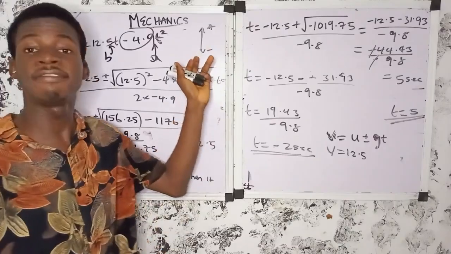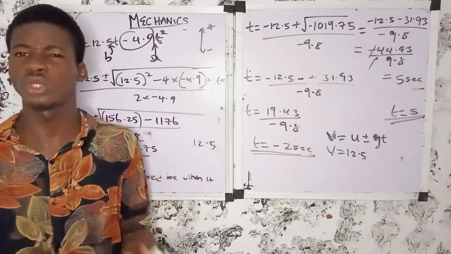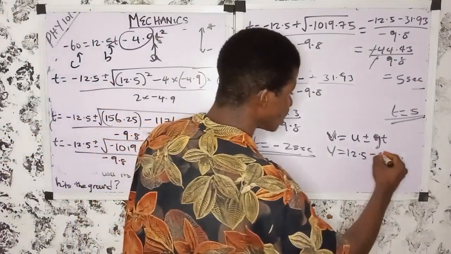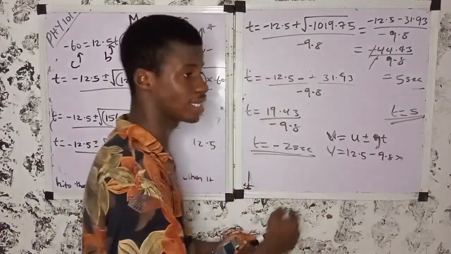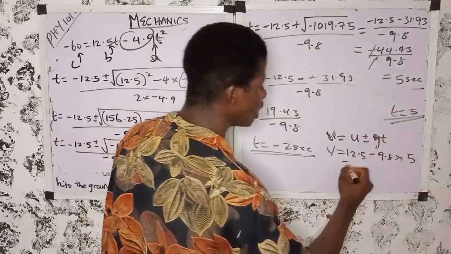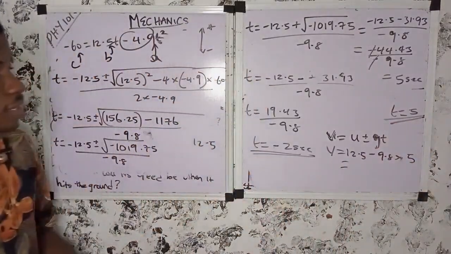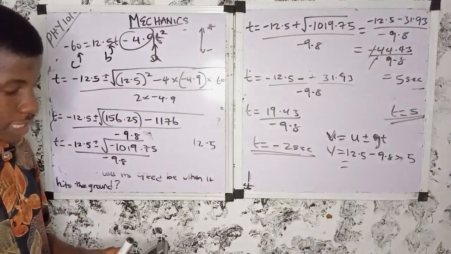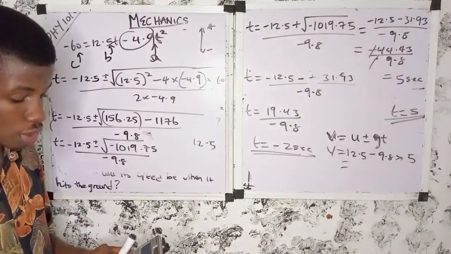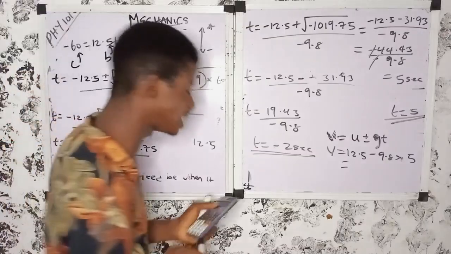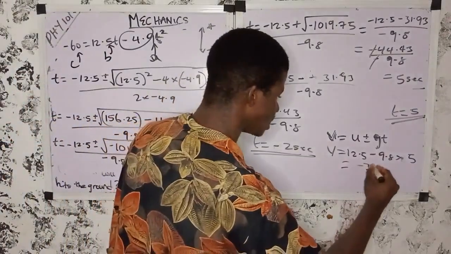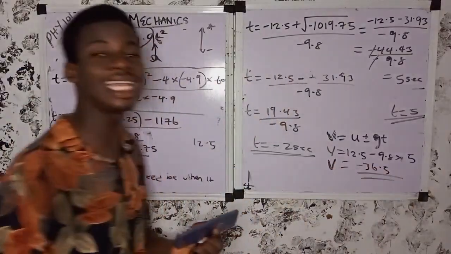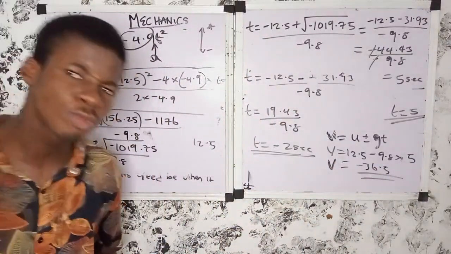Going downward in the first coordinate is usually negative, so our g is minus 9.8, times our time, which is 5. If we do everything, 12.5 minus 9.8 times 5, we arrive with minus 36.5. So the velocity with which the camera hits the ground is minus 36.5.